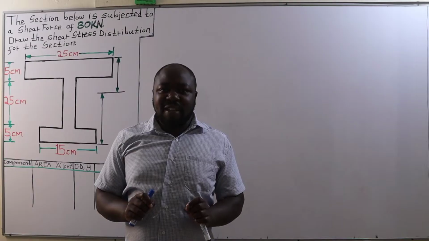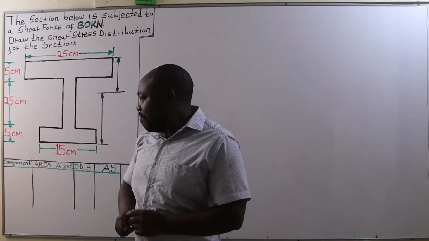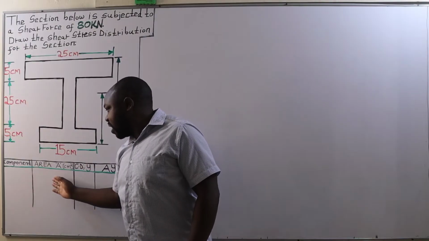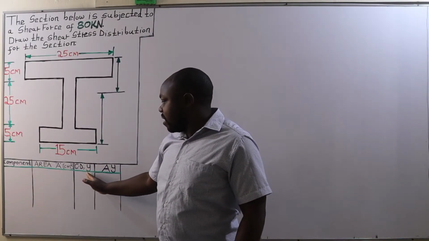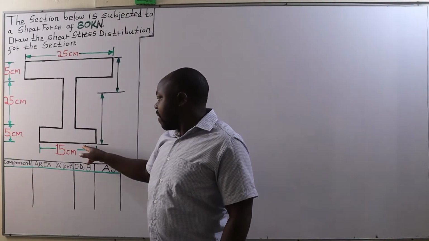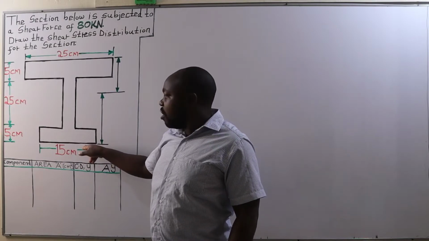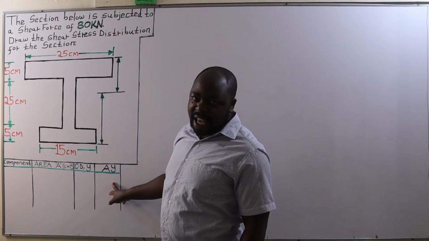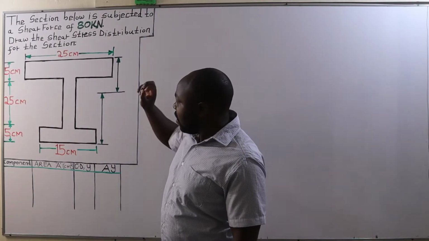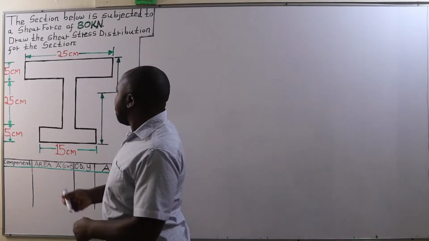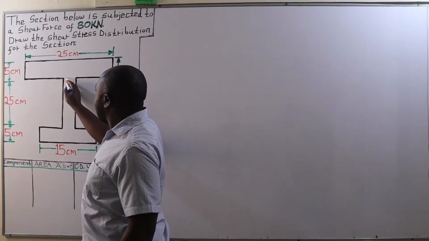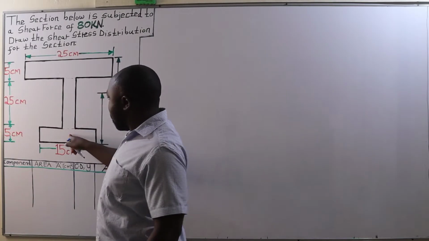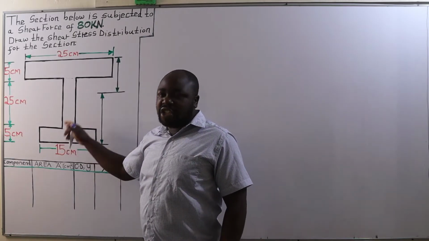For us to locate the position of the neutral axis, we are going to use this table that has the component, area, centroidal distance y from the bottom edge of the flange, and then Ay. We have three components: the top flange, the web, and the bottom flange.